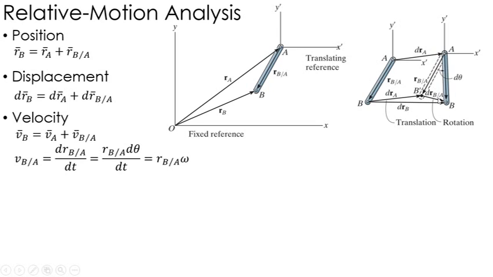That's the arc length that I've got there. So using that d theta times the length RB, I've got RB with respect to A, d theta dt. Well, d theta dt is simply omega, so I'm left with R omega.